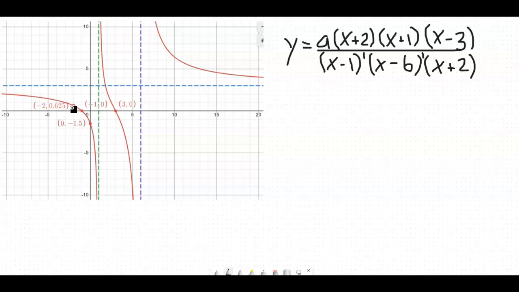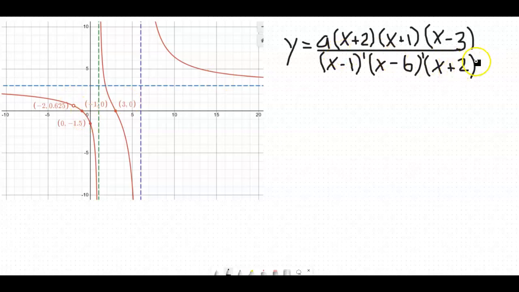because multiplicity for the bottom is tied to which directions the function is going as it approaches that x value. And for the top, the multiplicity is derived from whether or not it just touches the graph at the x-intercept or it crosses through.